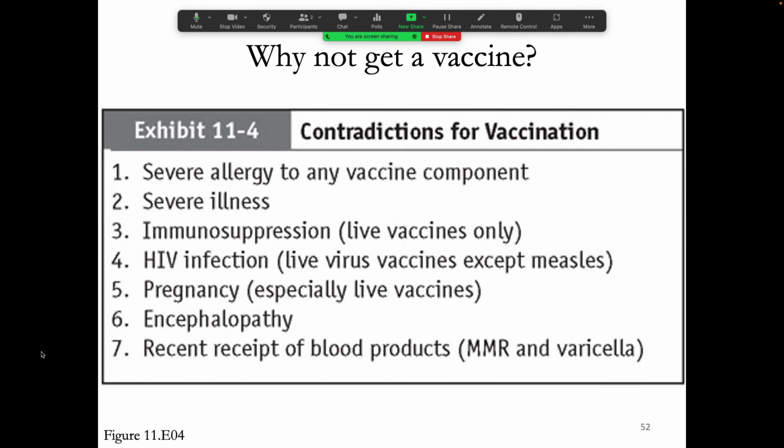And so people who have egg allergy generally don't get vaccinated. If you are severely ill on the day you're supposed to get vaccinated, you generally will wait. If you're immunosuppressed or have HIV infection, we generally won't give you a live vaccine because there is too much risk. And so there are reasons why some people don't get vaccinated.